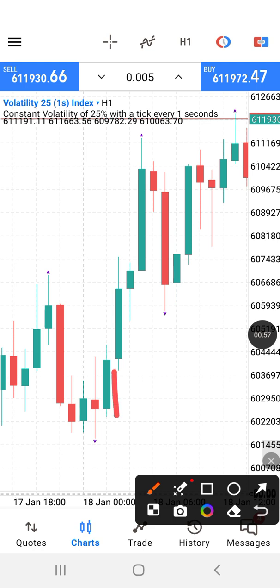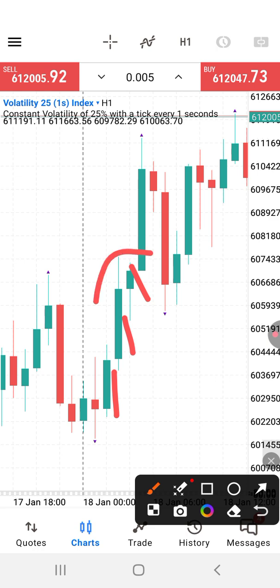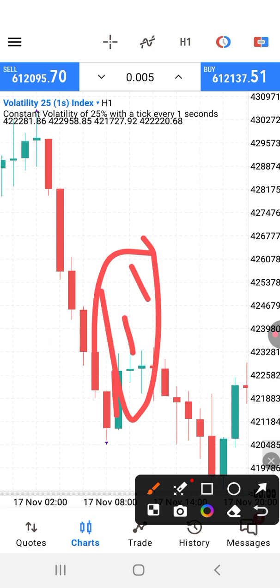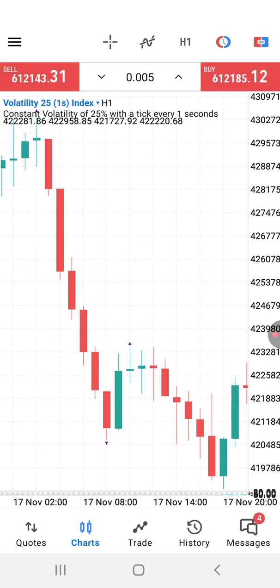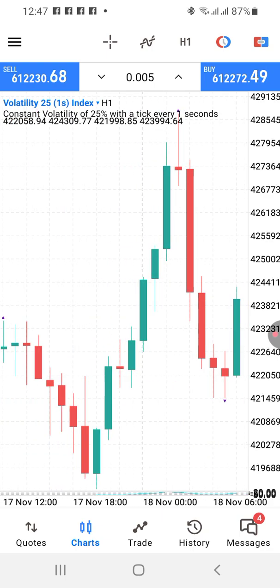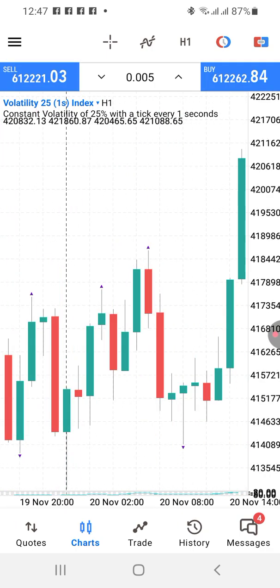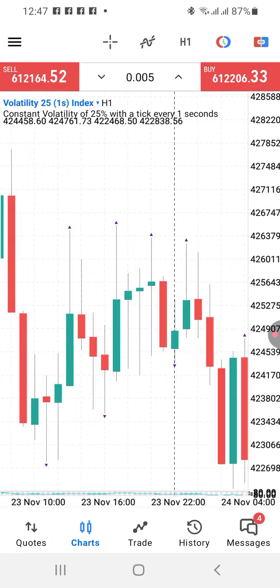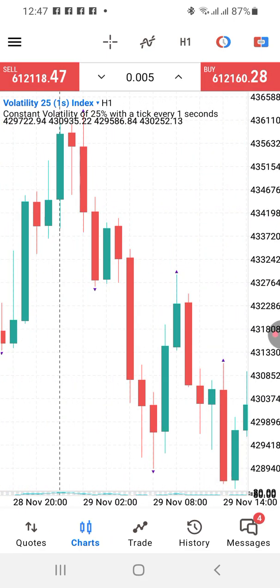So here we have one candle, two candle, three candle. With this three-candle pattern, we look to identify if there is a gap within the third candle. So we look for a gap.